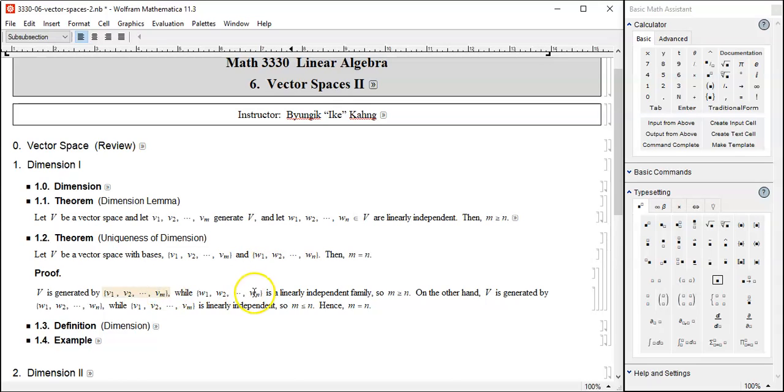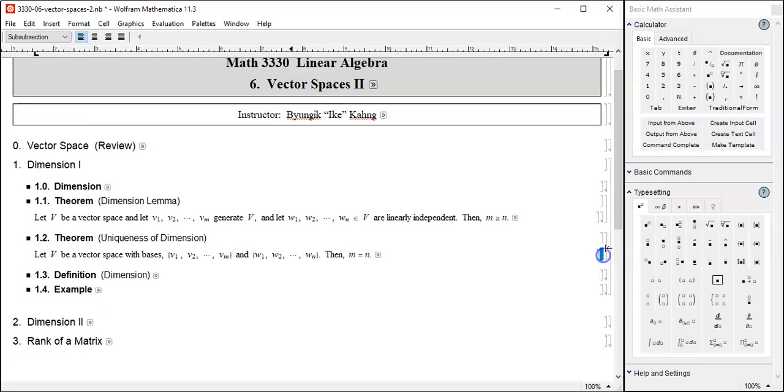So these generate, those are linearly independent, so m is greater than or equal to n, exactly over there. And then we took the other point of view. Those generate and these are linearly independent. Therefore, now n is greater than or equal to m by the same idea. In conclusion, m and n are the same.